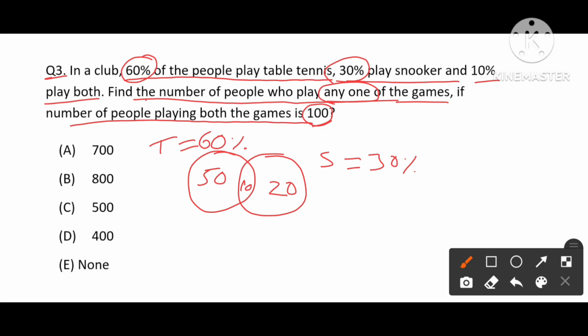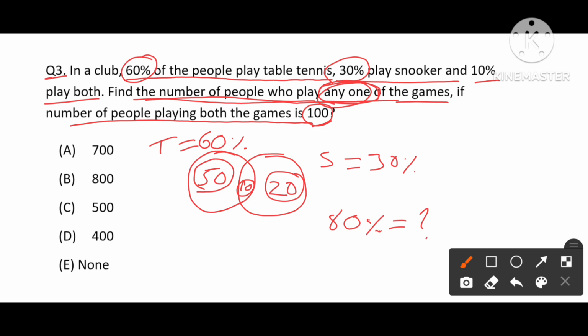Now the question asked is find the number of people who play any one of the game. Any one of the game means they must play at least one game, means 50 plays game, 10 also plays a game and 20 also plays game. So total 50 plus 10 plus 20, which will be 80%. We need to find the value of 80%.